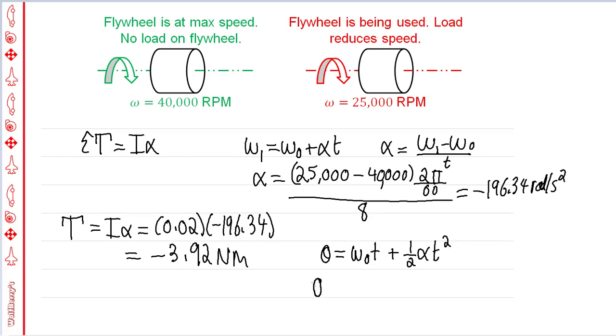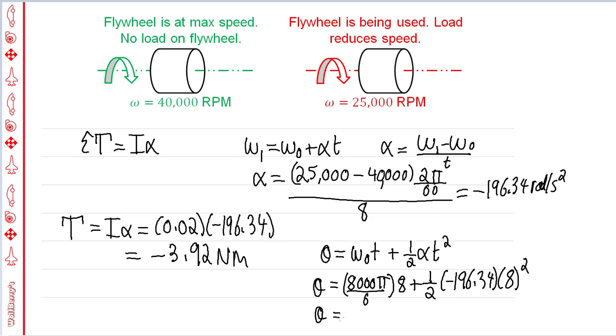Now, we have our initial speed, which is 40,000 RPM, again times 2 pi over 60, which we said previously is 8,000 pi over 6, simplified version, multiplied by 8 seconds, plus half, multiplied by our alpha, minus 196.34, all multiplied by 8 squared, which is 64.